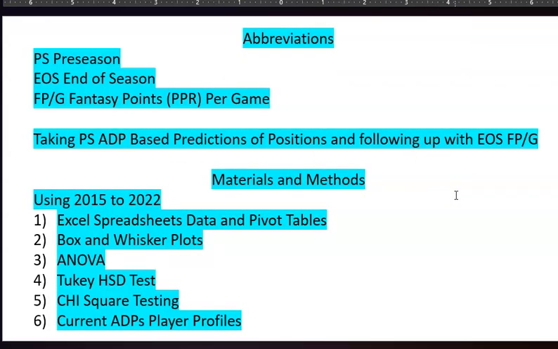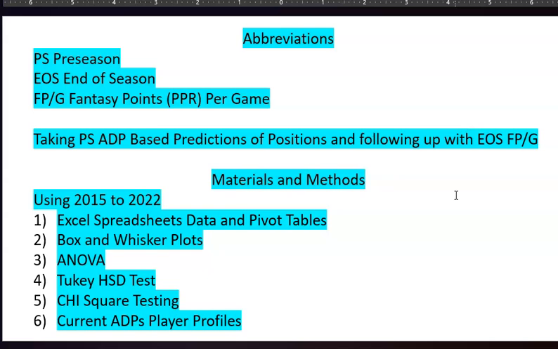Abbreviations: preseason, end of season, fantasy points per game. Taking preseason ADP based predictions of running backs in this case, and seeing how that ended up from 2015 to 22. Got the spreadsheet, used pivot tables, certainly hit with the box and whisker and look at the populations. And then if those populations look intriguing, I will apply the analysis of variance, the ANOVA, and I will then test if the ANOVA is significant.